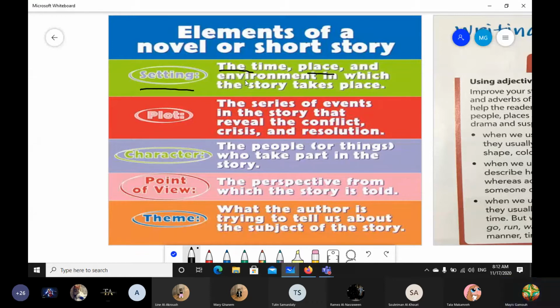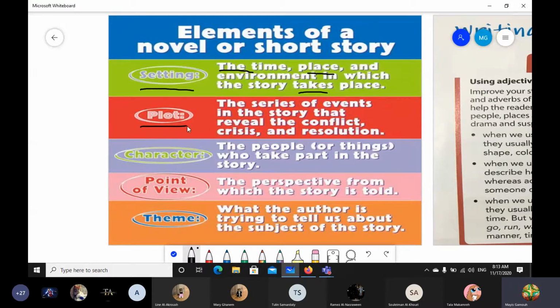So we care about the environment in which the story takes place, the place, and the time of the story. So here we have to use the 2 WH questions: regarding time, which is when, and regarding place, which is where, when and where the story happened.